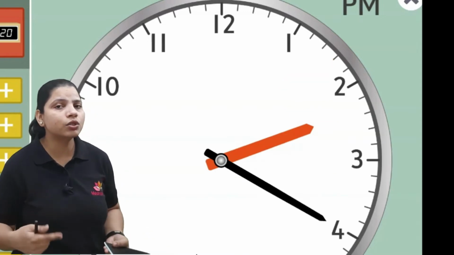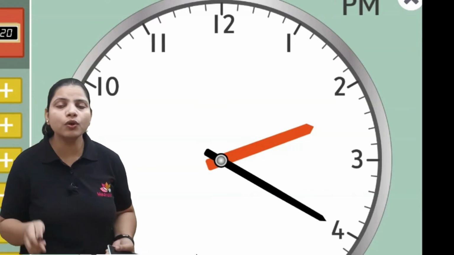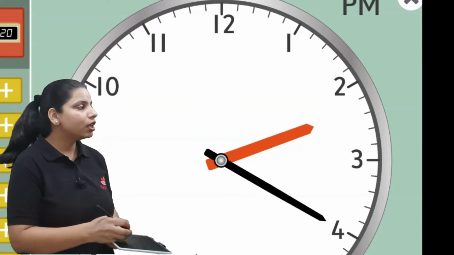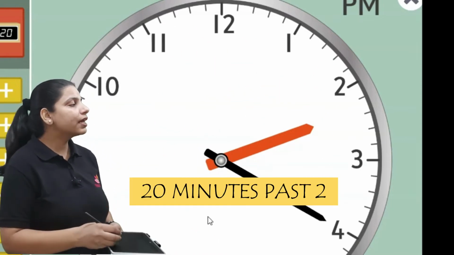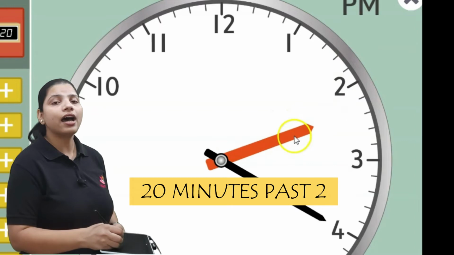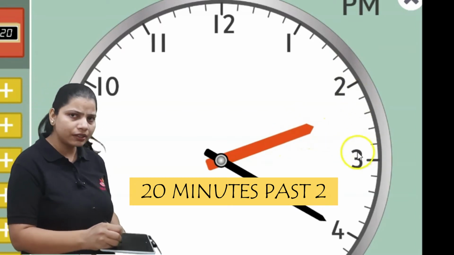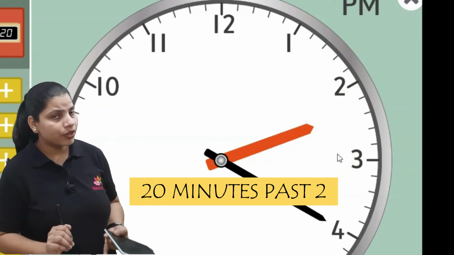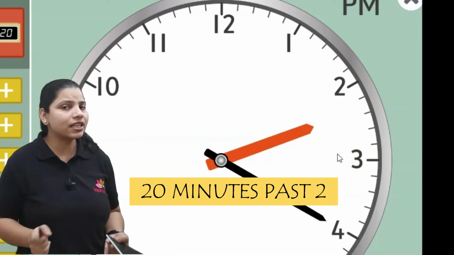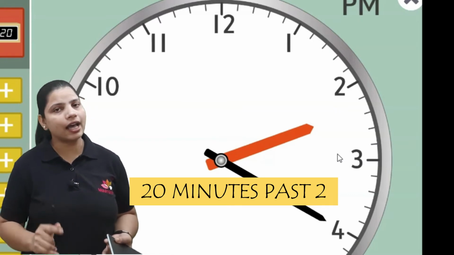So it will be 20 minutes past 2. This time we can see that our hour hand, the red hand, is between 2 and 3. So what should we take, 2 or 3? It's past. Past means smaller number, so we'll take the smaller number for our hour hand also.